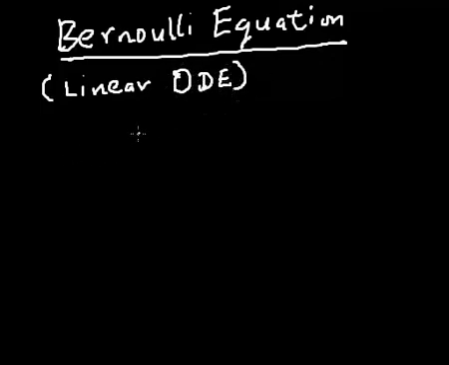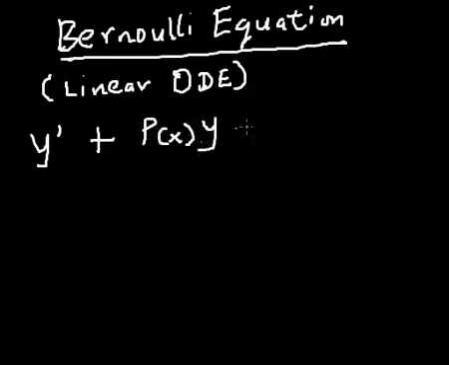If it is a linear ODE, then the Bernoulli equation goes this way: y prime plus p of x, a function of x, the same way we had m of x, multiplied by y, equal to q of x. So once you see this, this is the form. And if we need to solve the Bernoulli equation of a linear ODE, it is very easy.